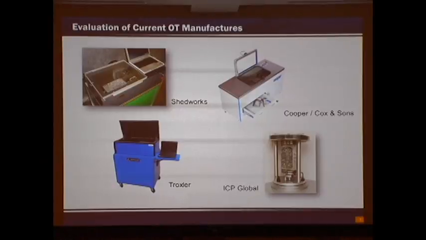Cox & Sons makes a machine, and it's a venture between Cooper and Cox. I don't know who owns who, but I keep hearing both companies' names, and they make a really nice machine. And then ICP Global, with our AMPT device, has a fixture that will run it in the vertical position, as you see there. So there were these 4 machines, and we wanted to do a lot of work to analyze what was going on with them.